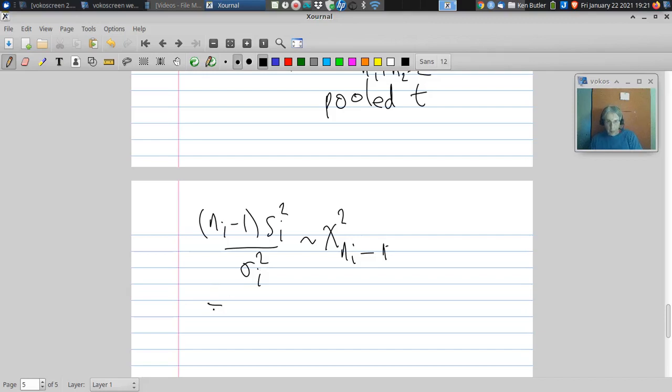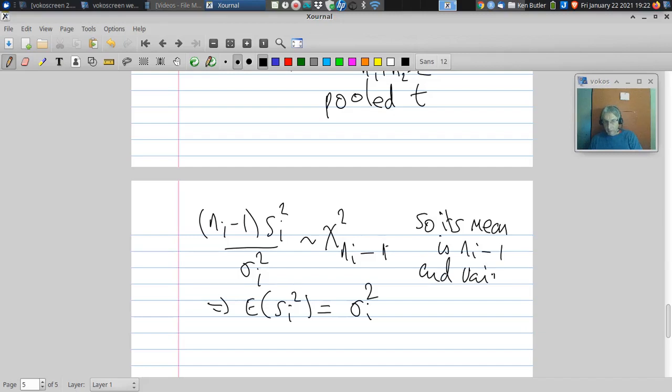And where that goes, I'll just shortcut this because you don't need to see the whole thing, is that the sample variance is an unbiased estimate of the population variance, which is not terribly surprising. Let me just write down the step I missed. The mean is ni minus 1 and the variance is twice that, because the variance of a chi-squared is twice its degrees of freedom.